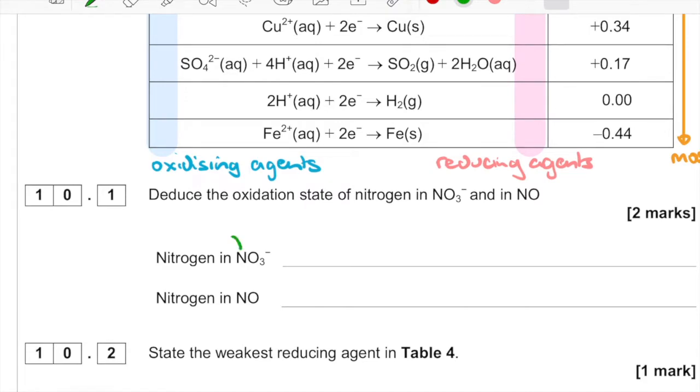What we don't know is nitrogen, so I'll let that equal Y. Oxygen is always -2, unless it's bonded to something more electronegative than itself, which can only be fluorine, in which case oxygen would have a positive value, or if it's in H2O2, hydrogen peroxide. But otherwise, it's always -2, and there are 3 of them.